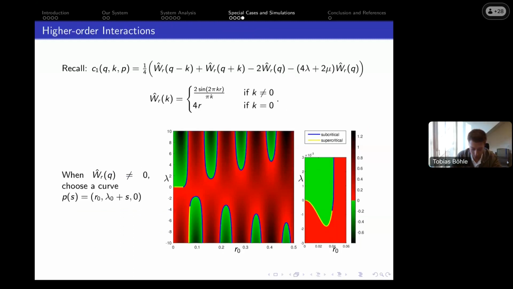So remember that these are the eigenvalues, the kth eigenvalue of the q-twisted state when the parameter is given by p. And that's given by this formula here. And this part is the contribution of the higher order interactions, but you can see that this part is independent of k.